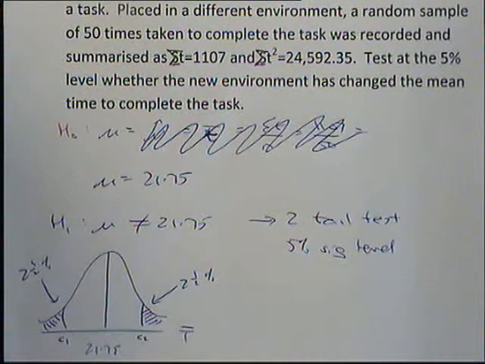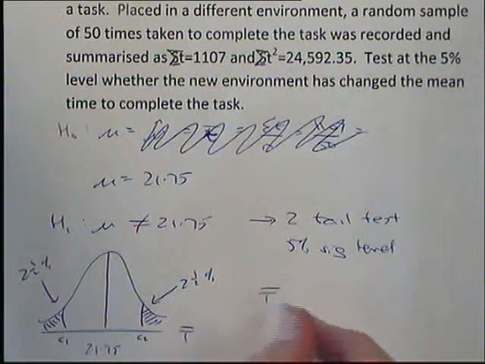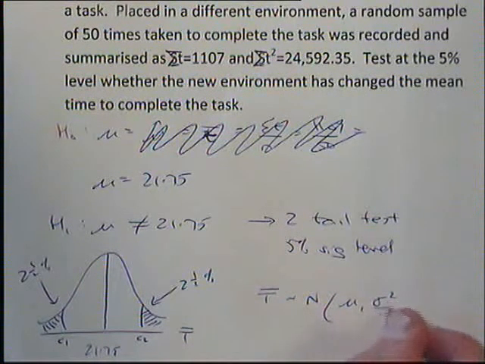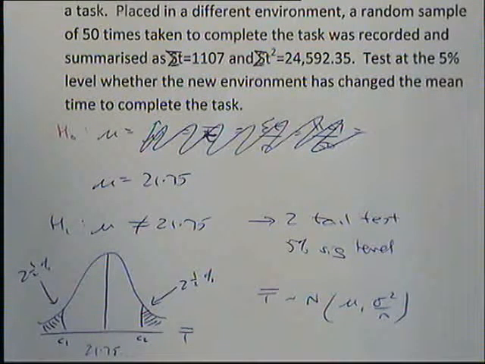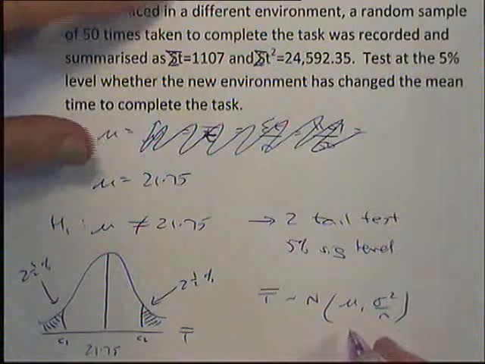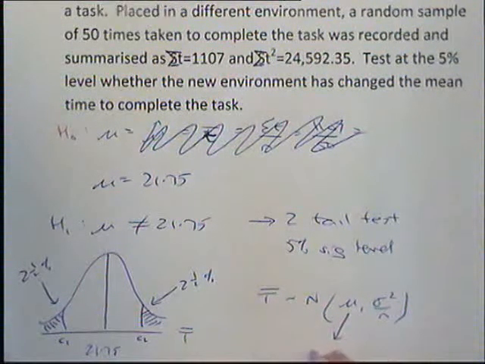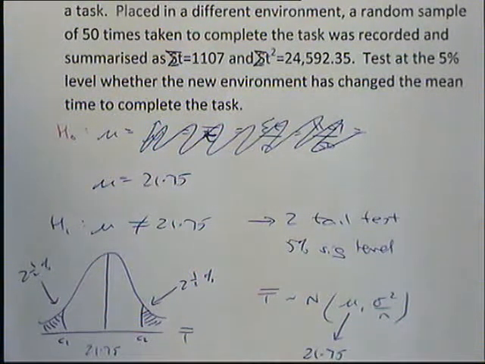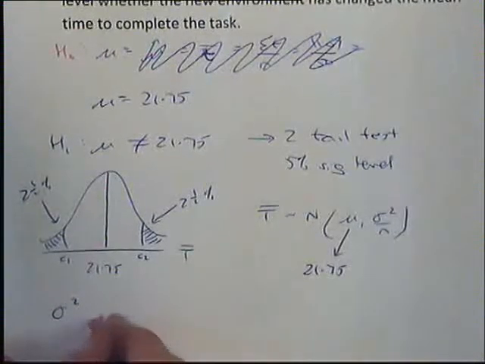We need the distribution of T bar. T bar is always normal, mu, sigma squared over n. I was jumping the gun earlier. Mu is given to us in the question. We are assuming that mu for the null hypothesis is 21.75. It's sigma squared we haven't got.